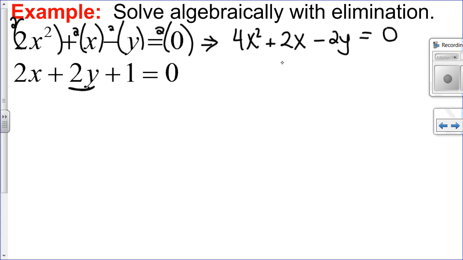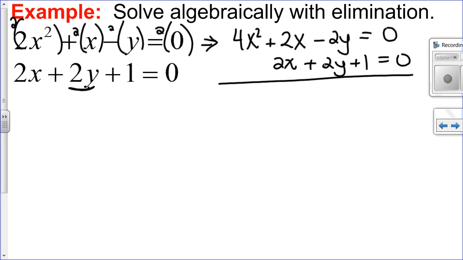And then underneath, I'm just going to line up my second equation. Plus 1 equals 0. Since they are same but opposite, I will add. So 4x squared plus nothing, 2x plus 2x, negative 2y and 2y, 0, plus 1 equals 0.